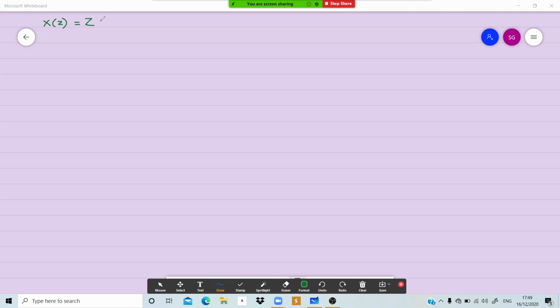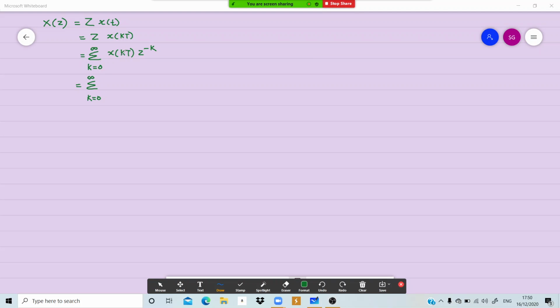Z transform of x of t is equal to z transform of x of kt, because your t is k into t, which is equal to summation of k equal to 0 to infinity, x of kt into z raised to minus k, as we had seen. Once more I can write the same thing as summation of k equal to 0 to infinity.